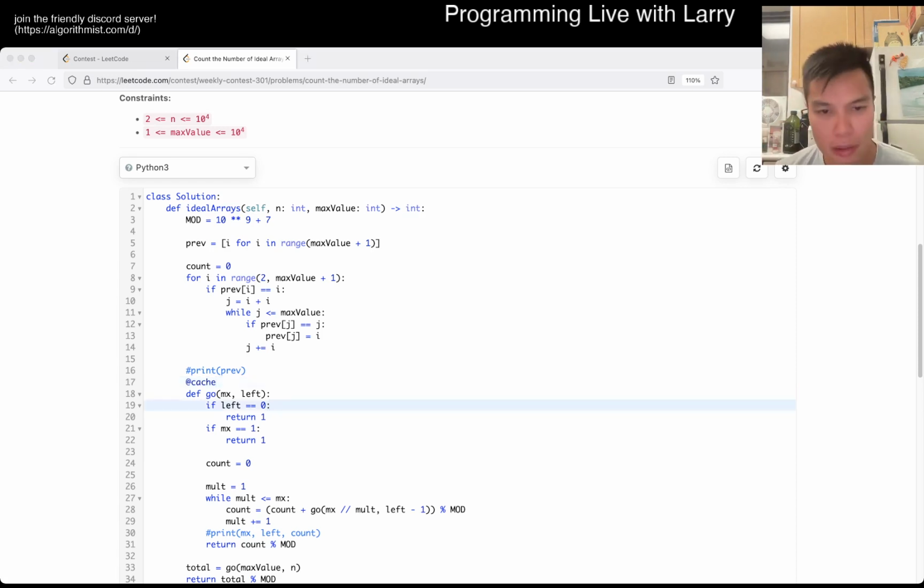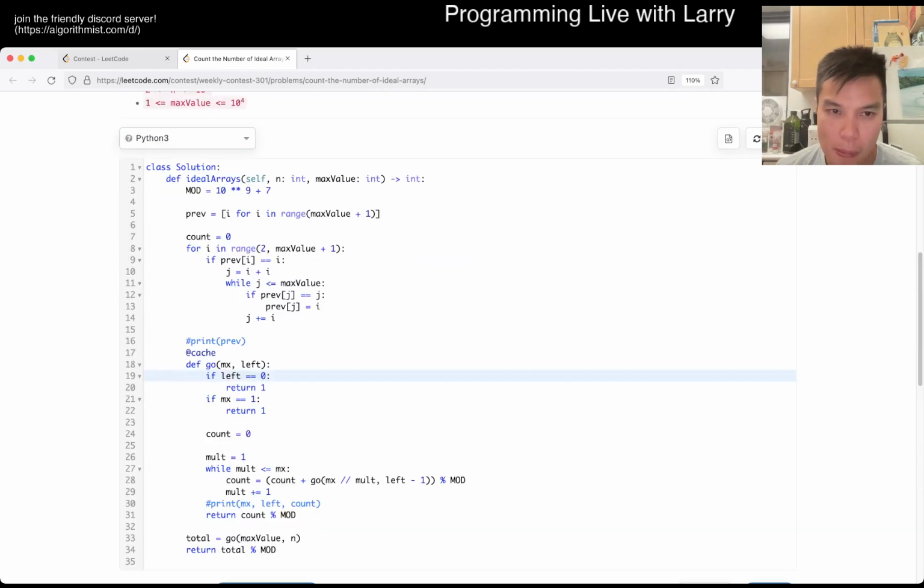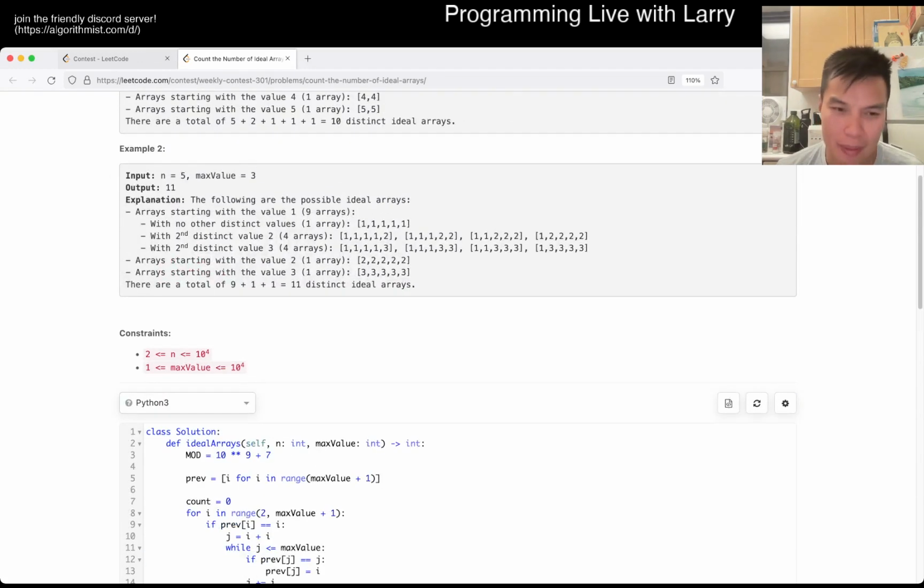Yeah, I mean, I don't know if I give up. I just have no idea how to do it. Everything I have is n squared or n times max value or something.